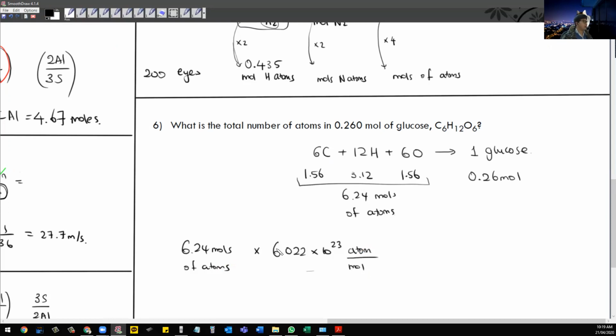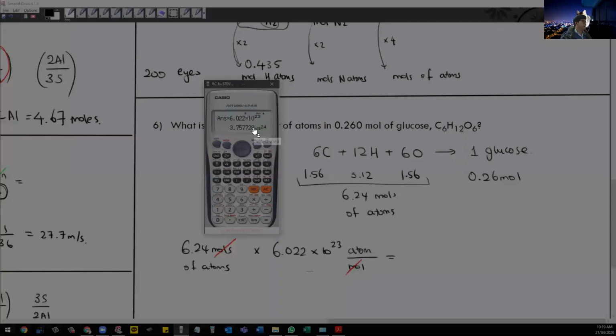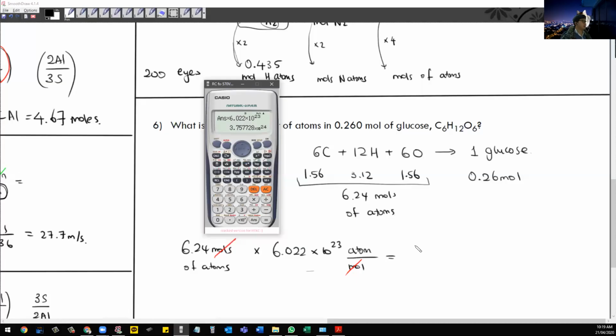So in 1 mole you have that many atoms, so moles and moles cancel out. So you get 6.24 times 6.022 times 10 to the power of 23. So that was the answer. That's the number of atoms there.